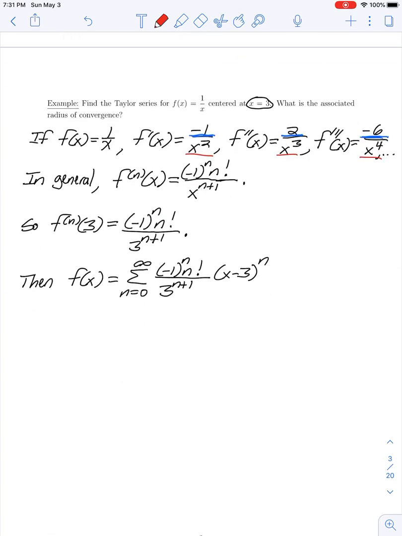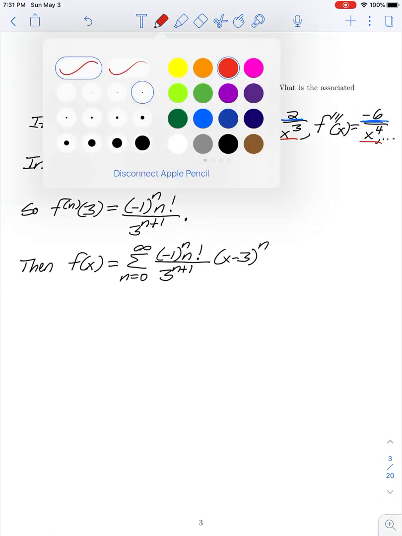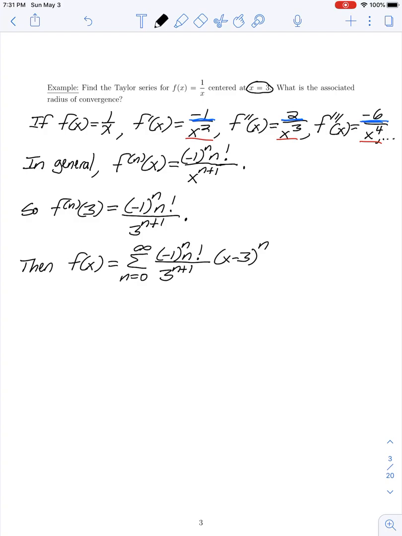So going back to the series that we had, this term out in front still has to be divided by n factorial.